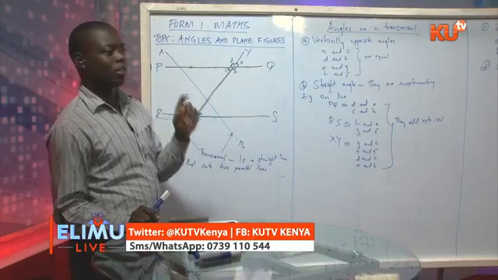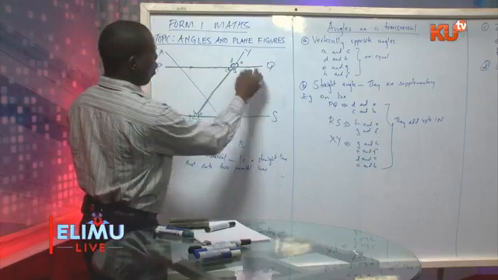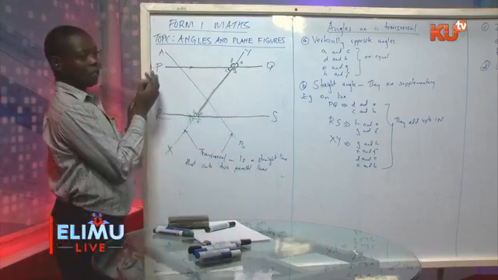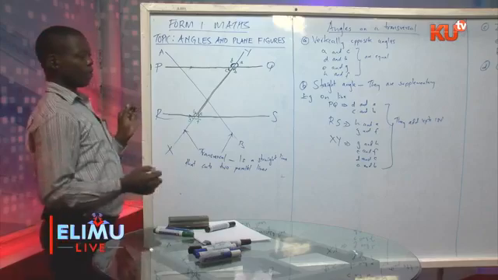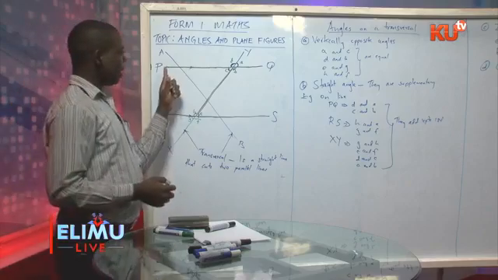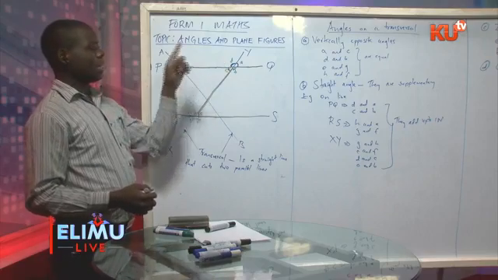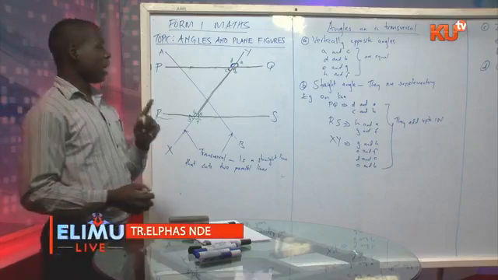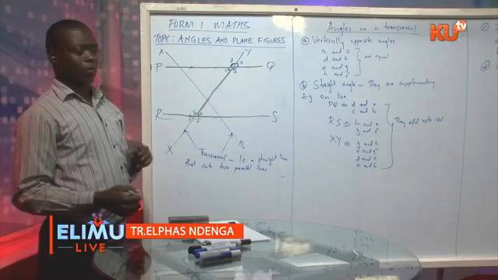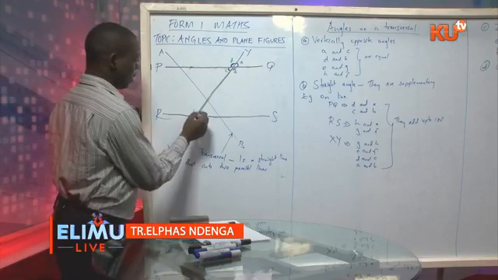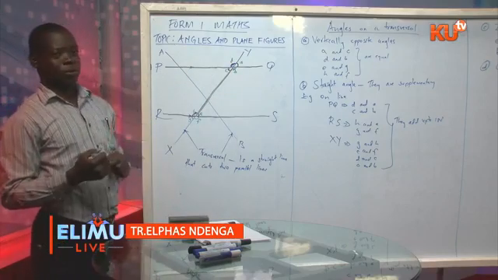Give these angles positions. If I look at the line PQ on the left side of the transversal, the first angle is D. Again, I'll repeat. If you look at the line PQ on the left side of the transversal, the first angle is D. So what is the first angle on the line RS, the same side of the transversal? It's angle H. So H and D are in the same position on the same side of the transversal.